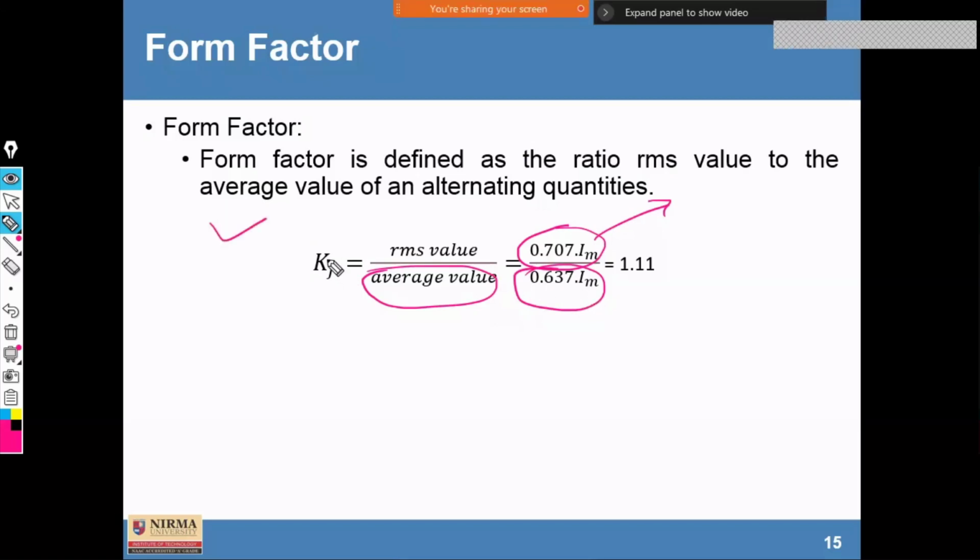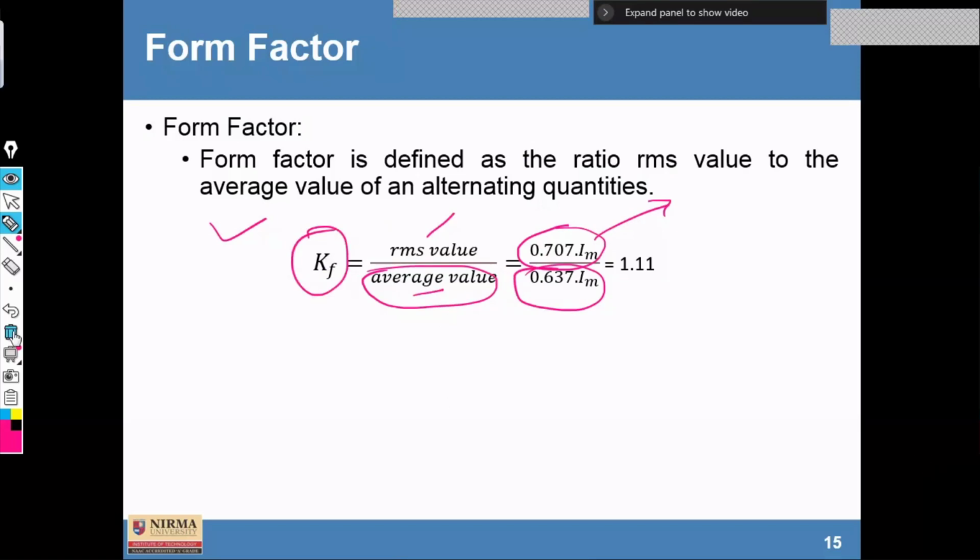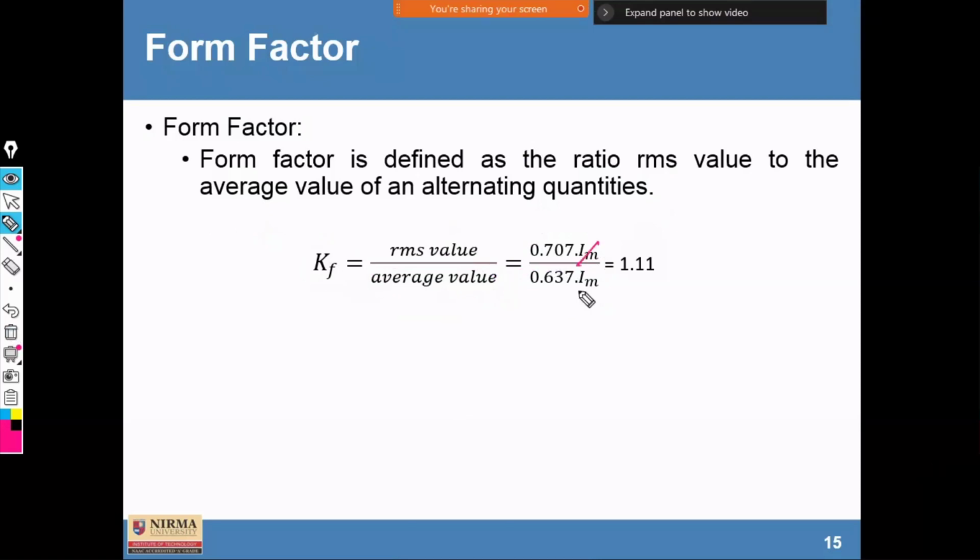So form factor is defined as the ratio of RMS value to the average value of an alternating quantities, and it is abbreviated as KF. So here, if we take this ratio 0.707 upon 0.637, it is exactly equal to 1.11. So the form factor is 1.11, and it is the ratio between RMS value and average value. So in examination, it may be asked in objective type questions.